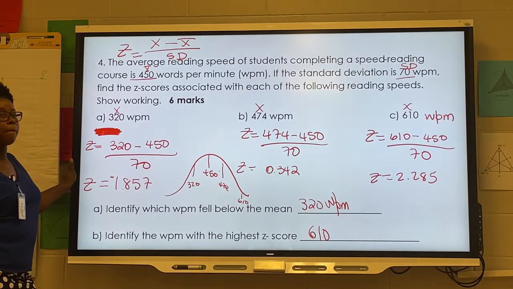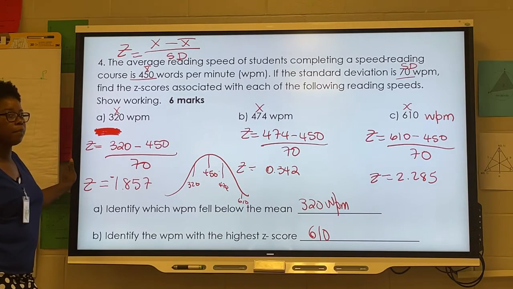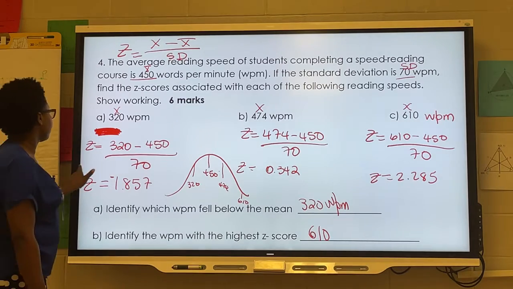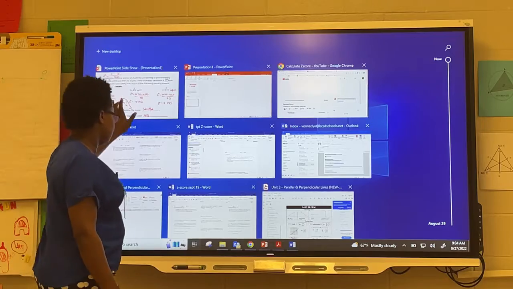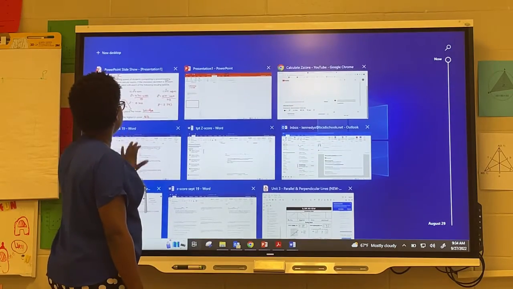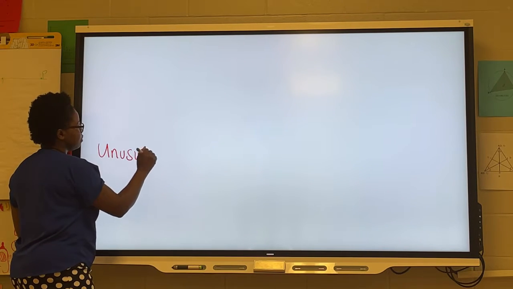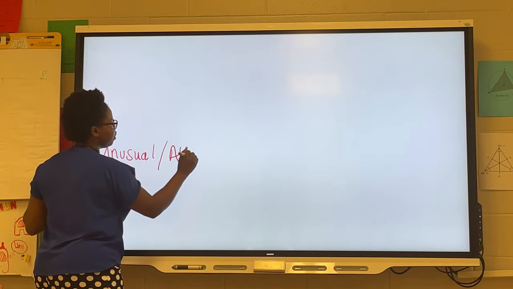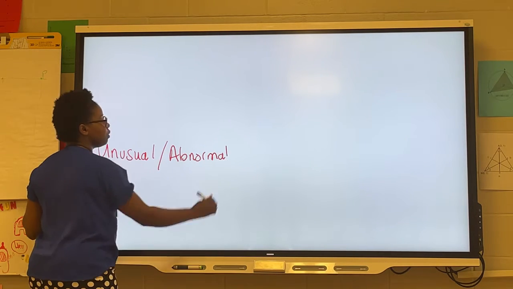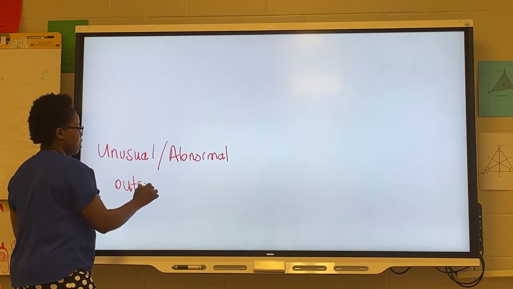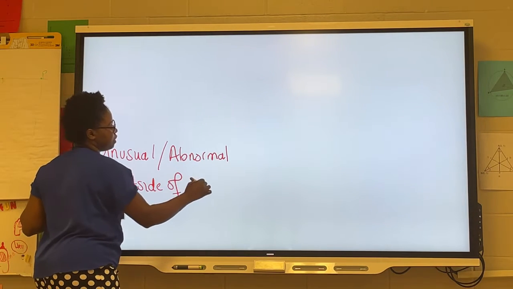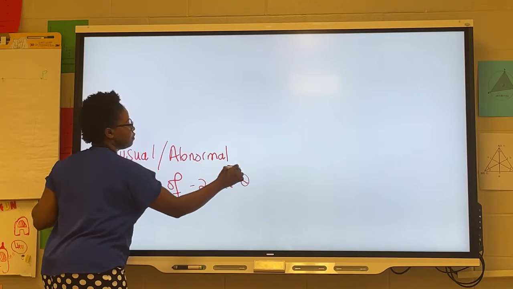Identify the words per minute that would be considered unusual. For something to be considered unusual, or some people would say abnormal, you will realize that it falls outside of -2 and +2.